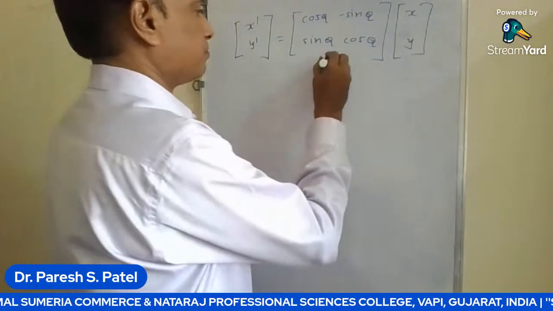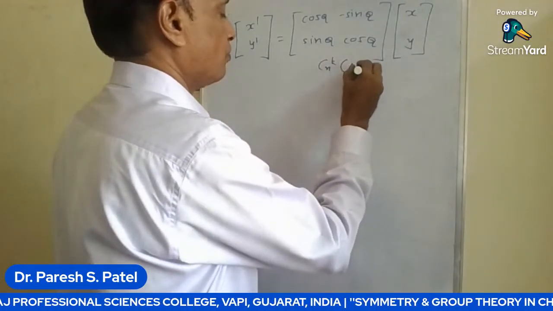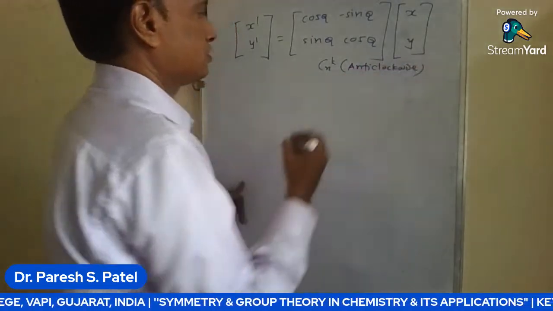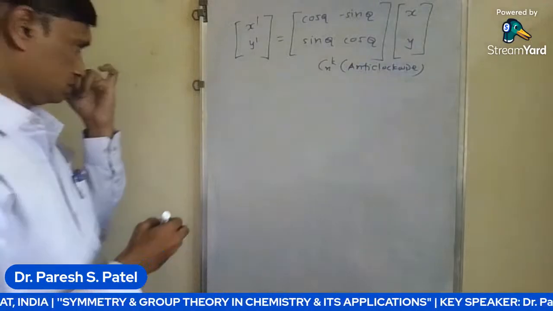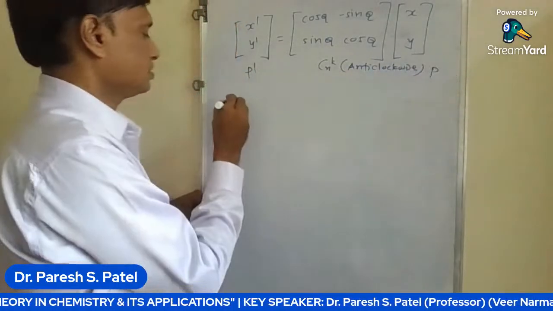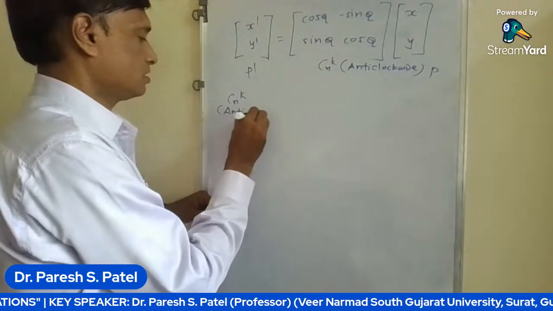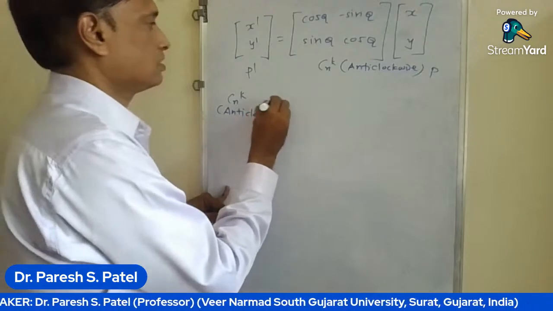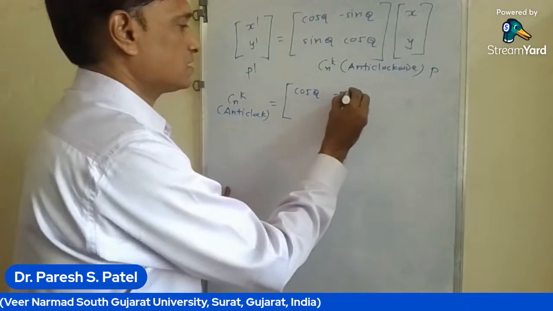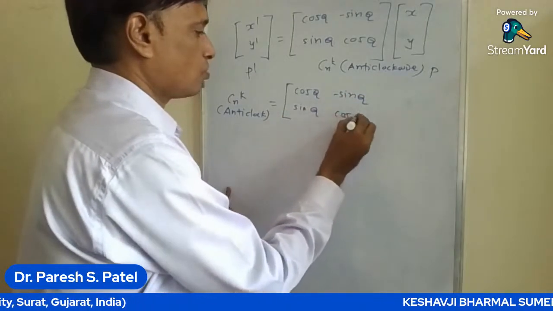So this is the anti-clockwise rotation matrix, P dash and P. Where the anti-clockwise rotation is equal to cos theta, minus sin theta, sin theta, cos theta.